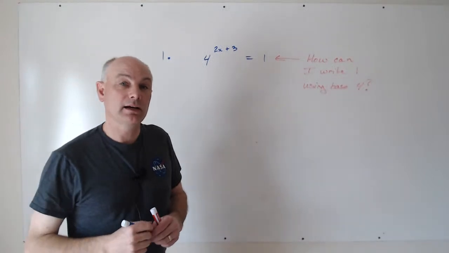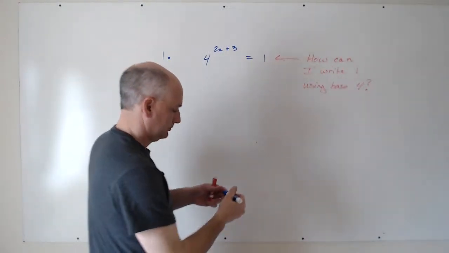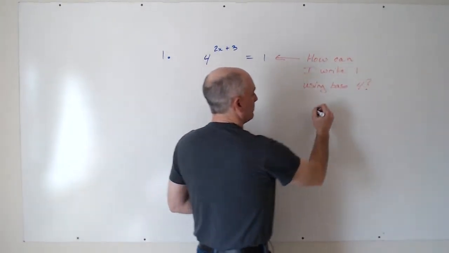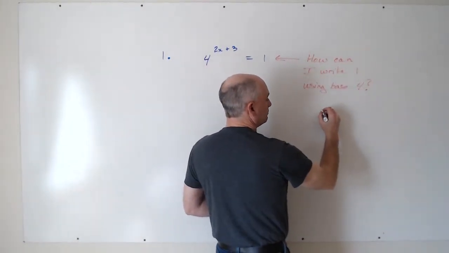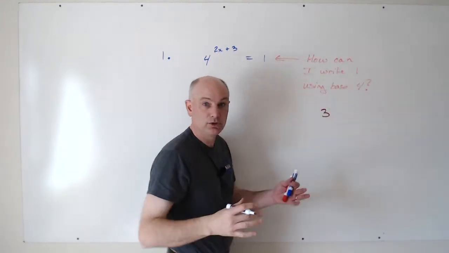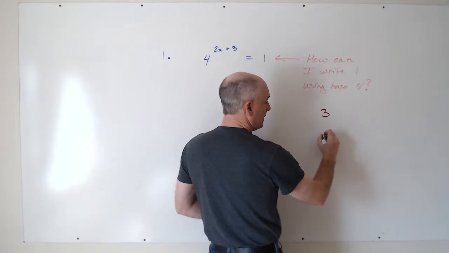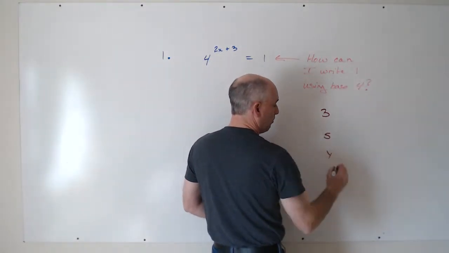Well, we have to keep in mind one thing when it comes to exponents. If I have an exponent, I can take any base I want. Let's say 3. I'm using a different base than what I have here for purposes of this example. I could have a base of 3, a base of 5, a base of y.